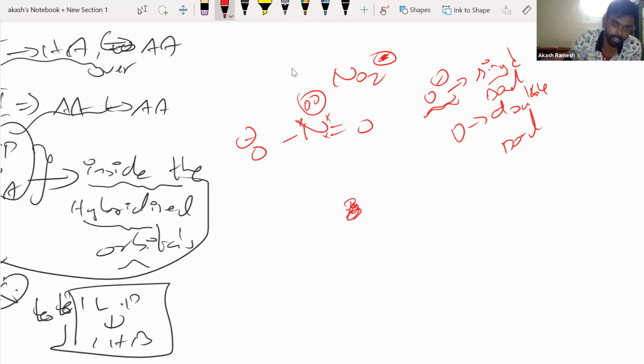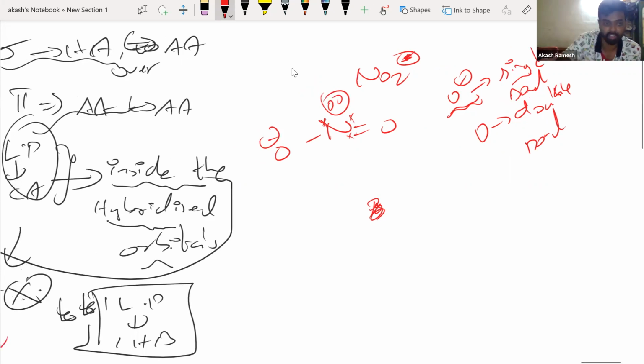Why am I not getting any molecule? Okay, fine, not an issue. Maybe we'll see more examples in the other hybridizations. Not a big deal. Fine.